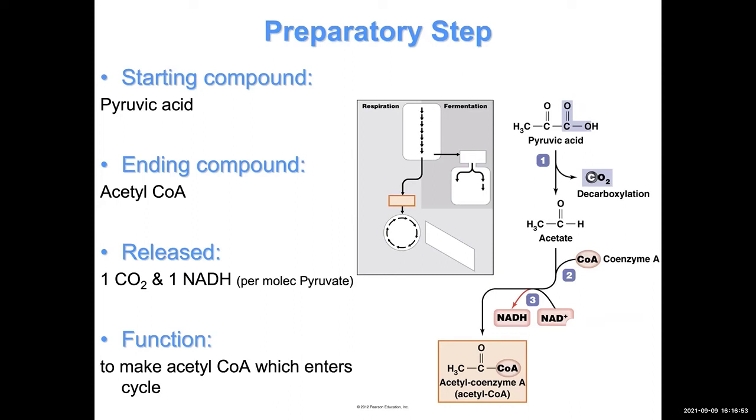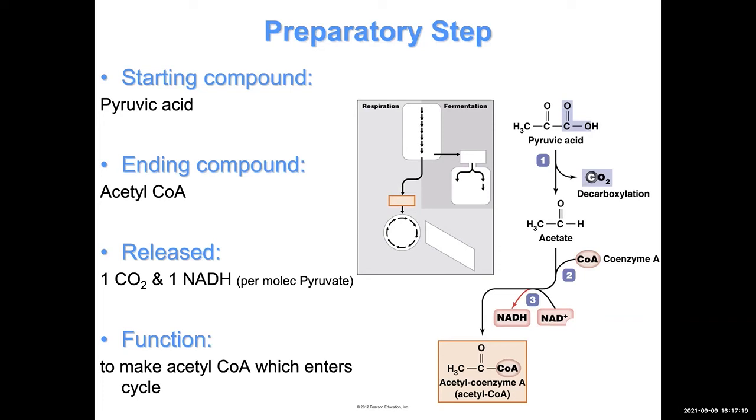You see, the problem is that we cannot go straight from glycolysis to the Krebs cycle, because the end product of glycolysis, which is 2 molecules of pyruvic acid, is not the starting molecule for the Krebs cycle. Well, that would be a problem, huh?